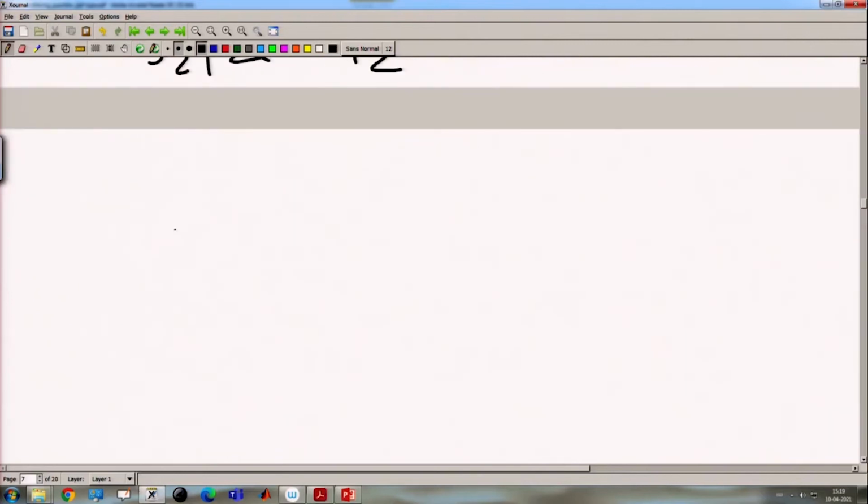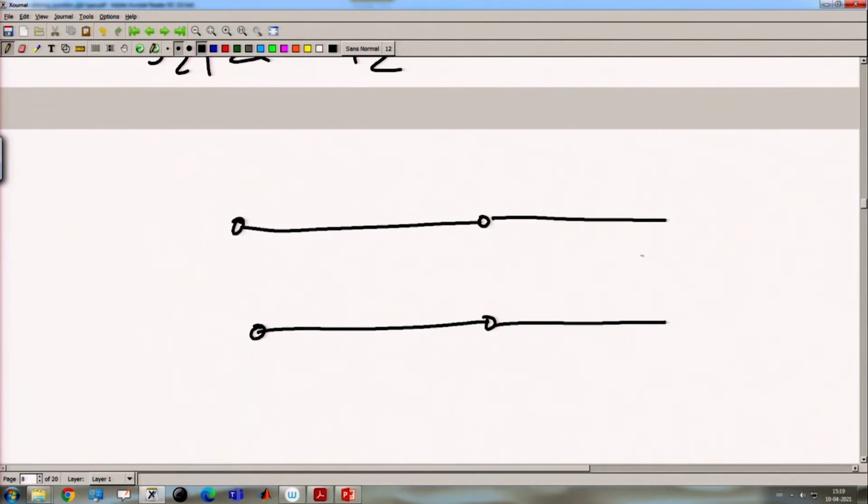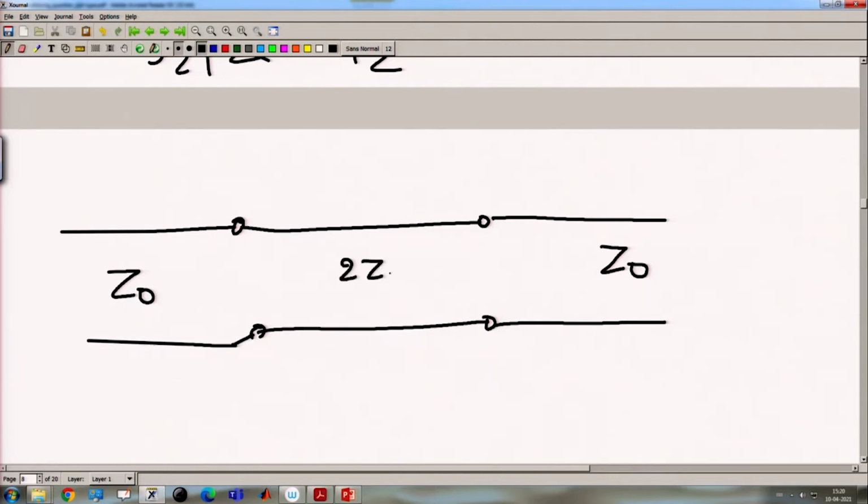So, we have the transmission line like this. On this side, it is given that it is Z naught, and this port 1 side is also Z naught, and here this side is 2 Z naught.